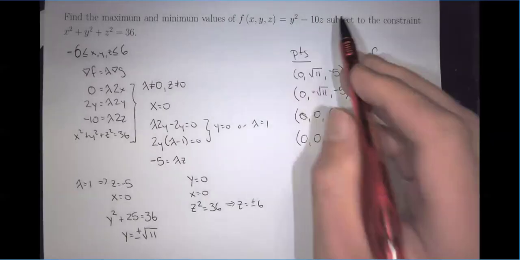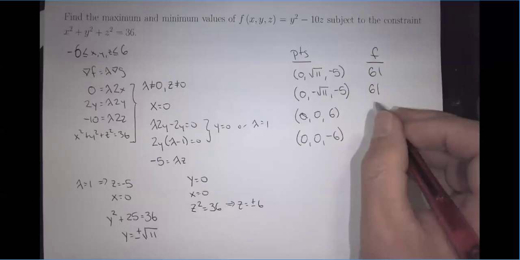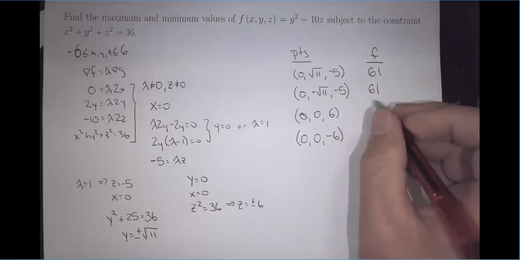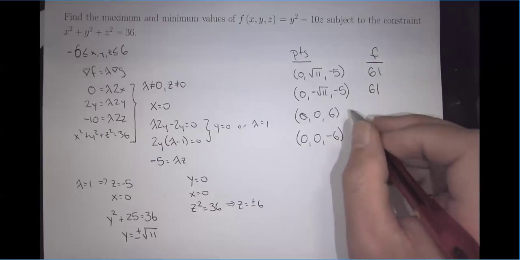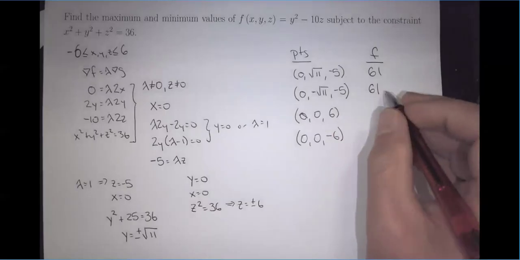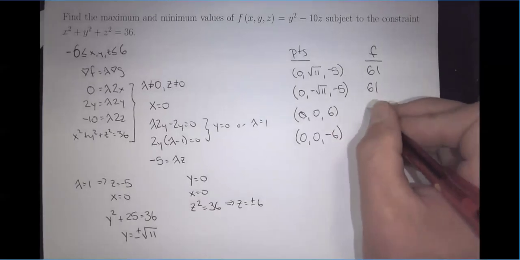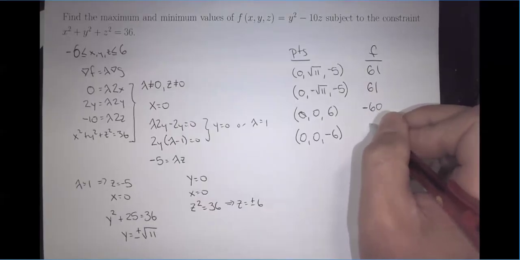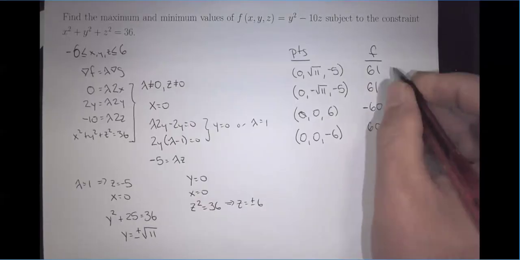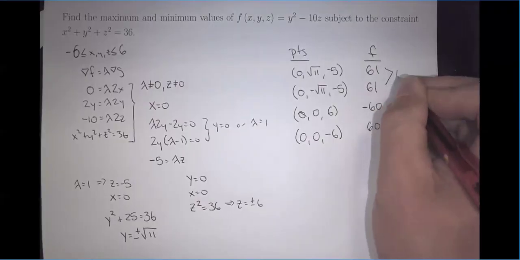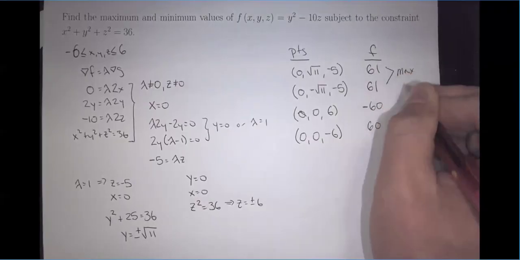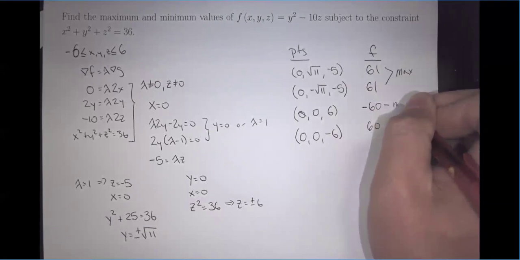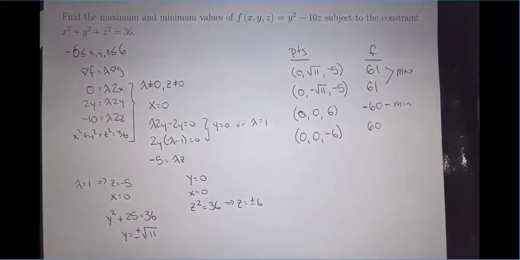The symmetry in terms of y's and z's will guarantee us that. When we plug in the third point, we get negative 60. And when we plug in the fourth point, we get positive 60. So our maxes occur here. Our minimum occurs here. And our third point is just an extra point.